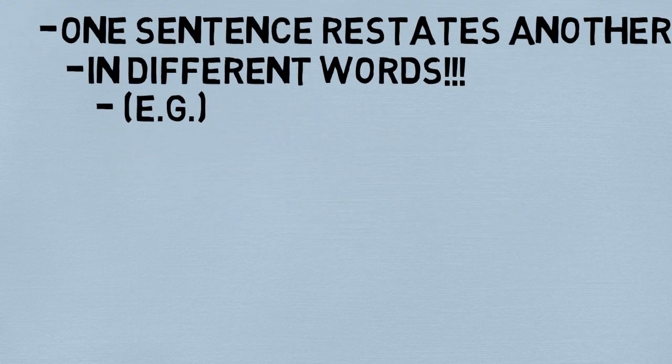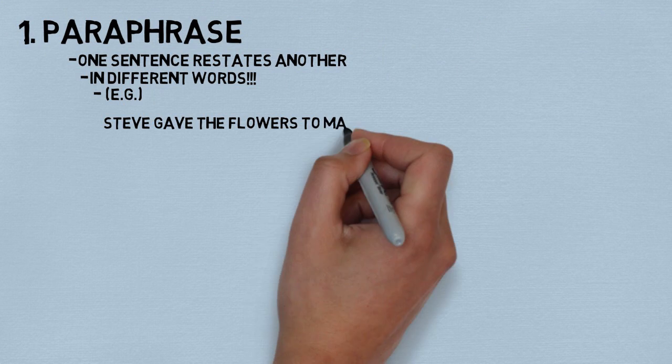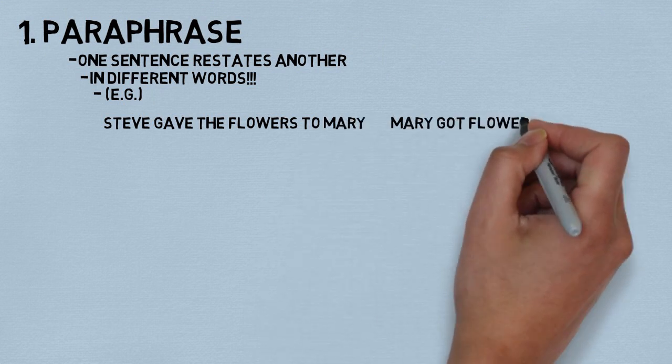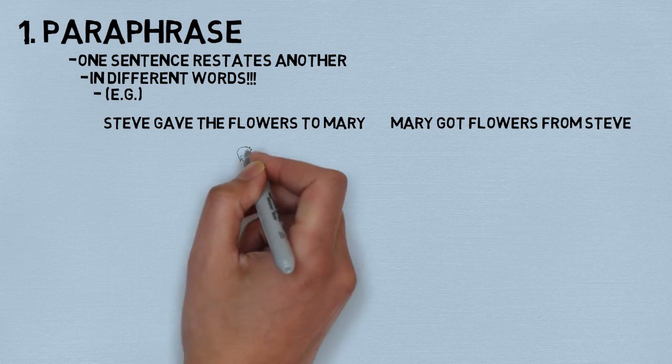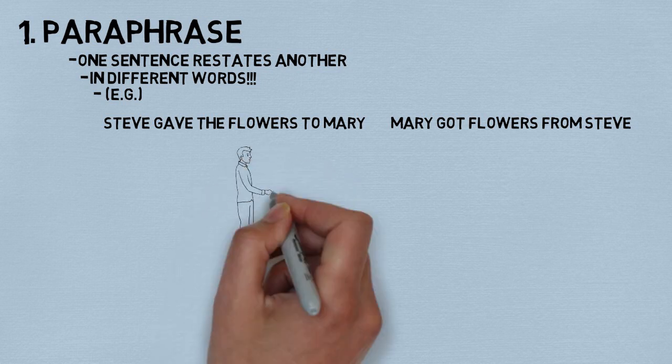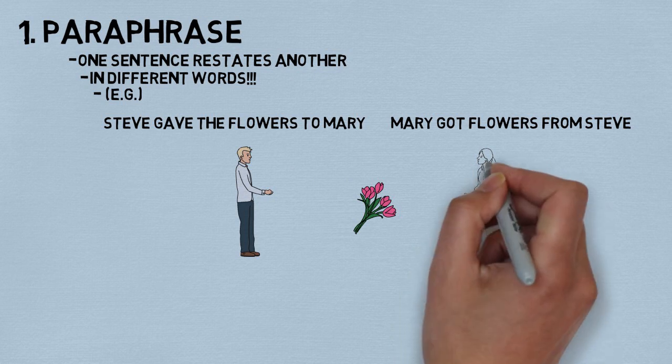Some examples of paraphrase are: Steve gave flowers to Mary, and Mary got flowers from Steve. Both sentences refer to the transfer of flowers from Steve to Mary.